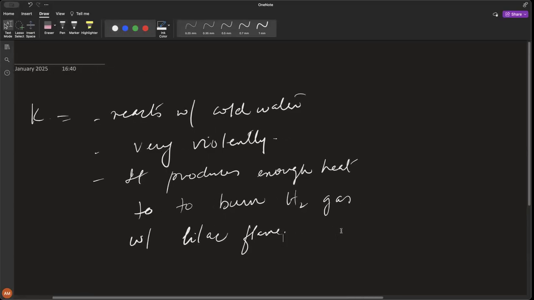So in short, it reacts very violently with a lilac flame.